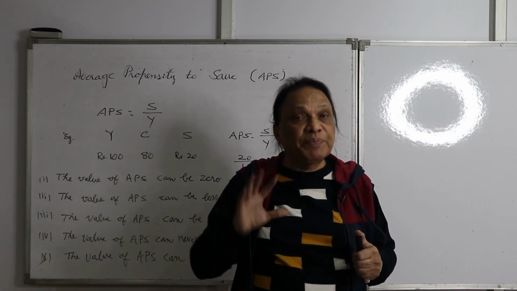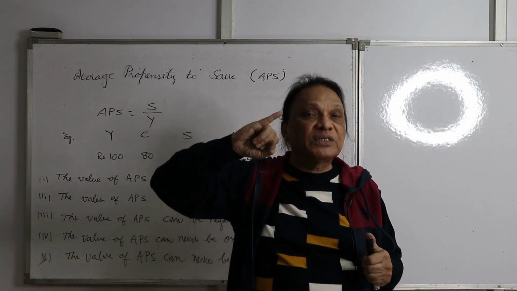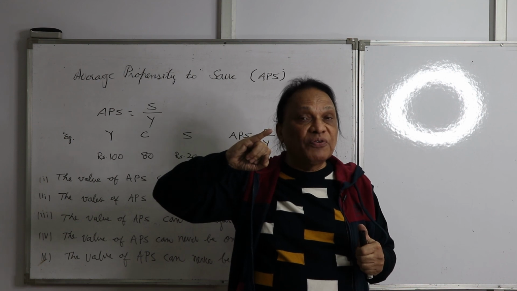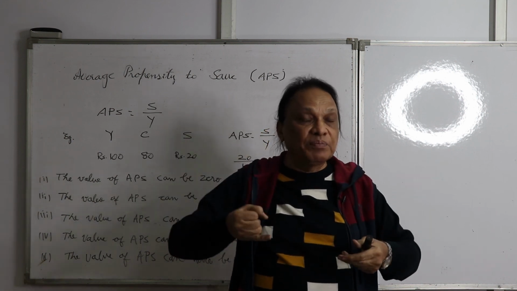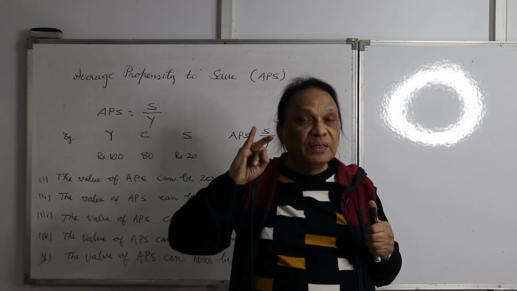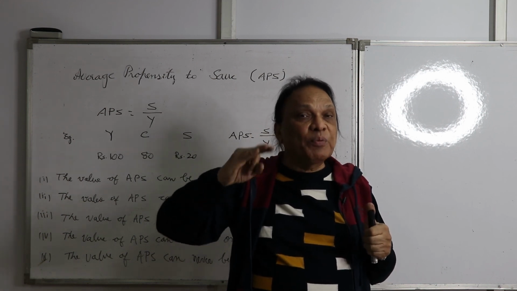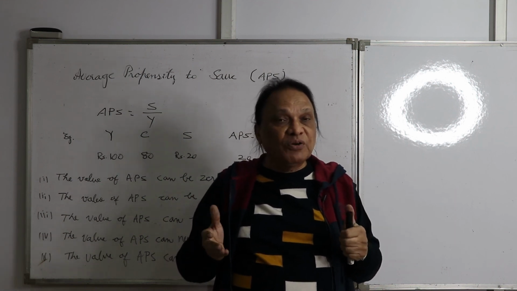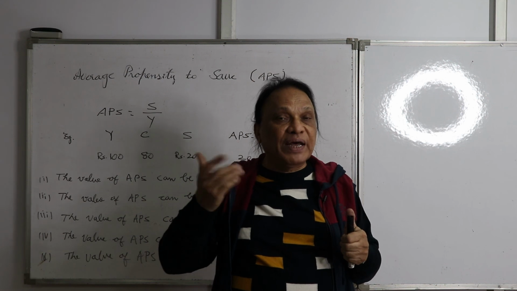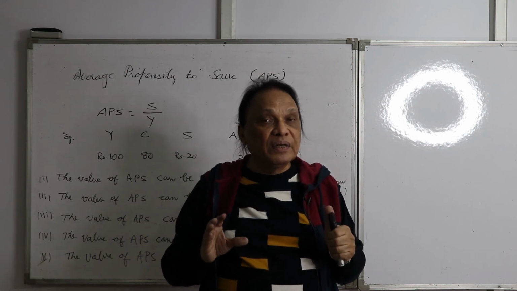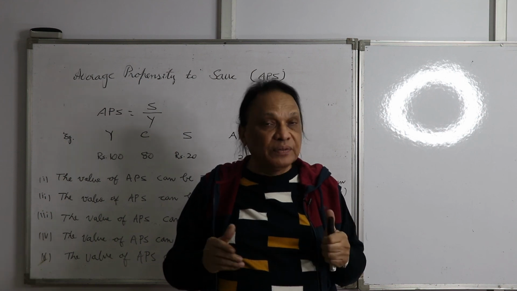I repeat once again, APS is S upon Y, the ratio of savings to income. The value of APS can never be 1 or greater than 1. It can be 0, it can be negative, and it can be less than 1.